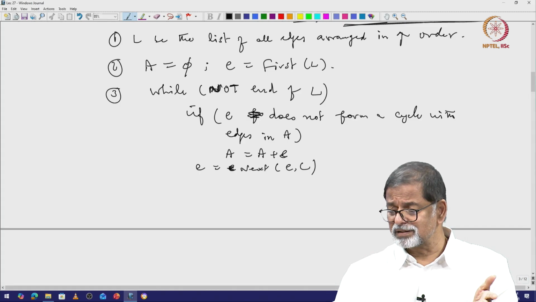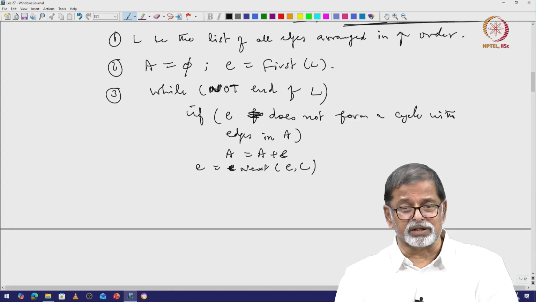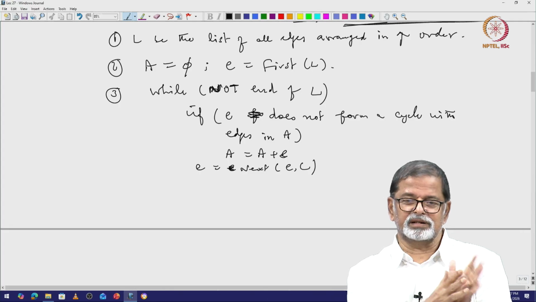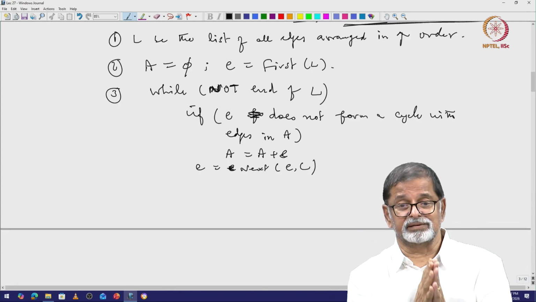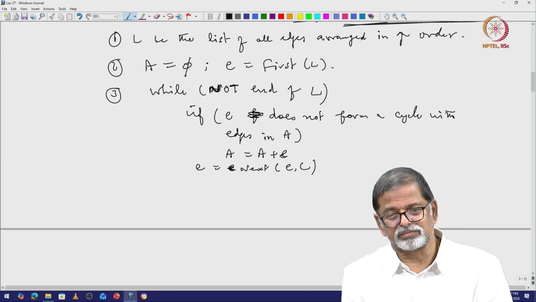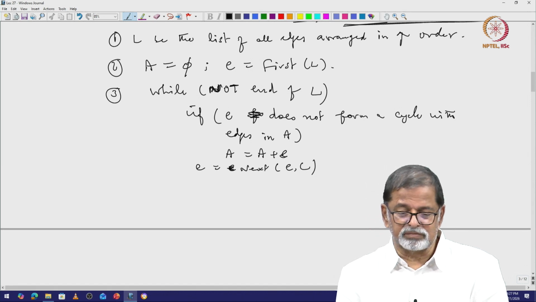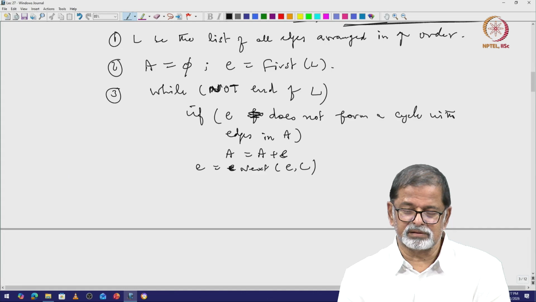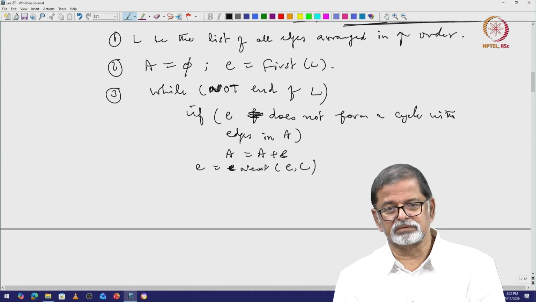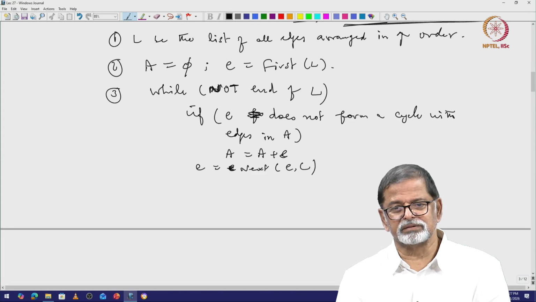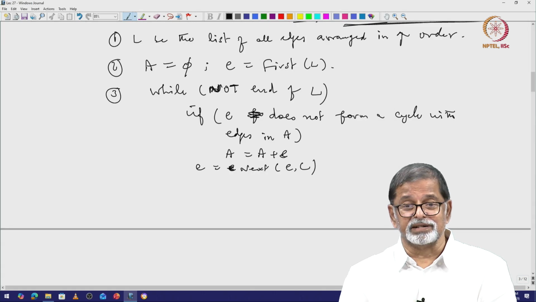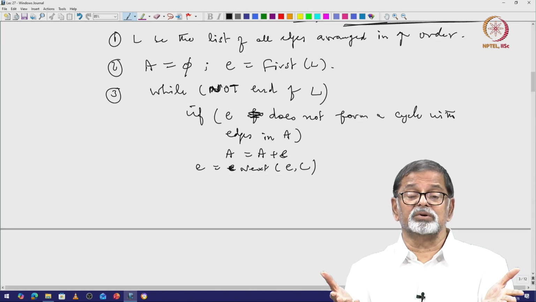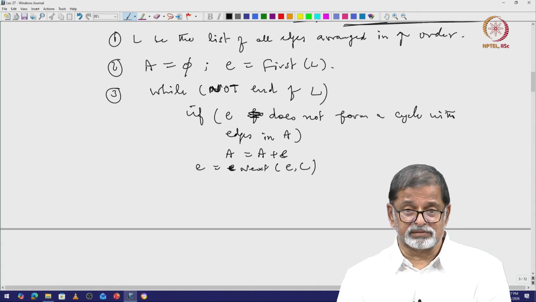What is the guarantee? First of all, there is no guarantee by looking into that algorithm that the edges that are selected form a tree. That itself is not clear. Okay? We do not know whether it is a tree or not. Some edges are collected. Okay, assuming that it is a tree, how do you know that it is a minimum spanning tree?